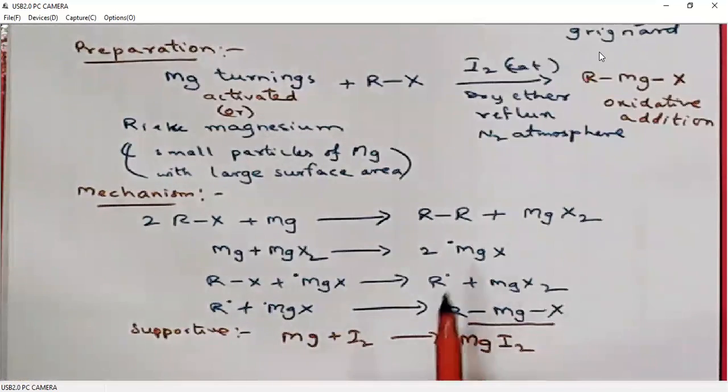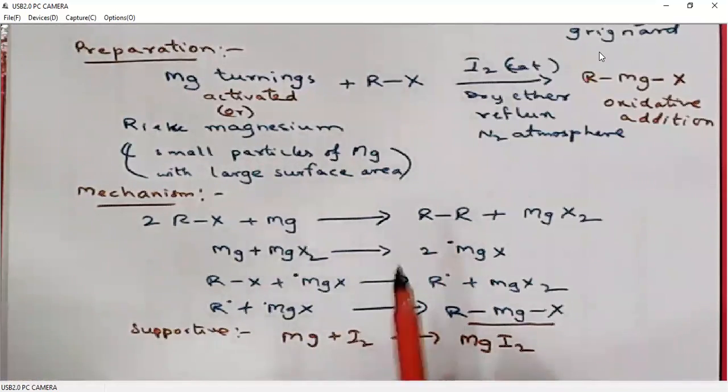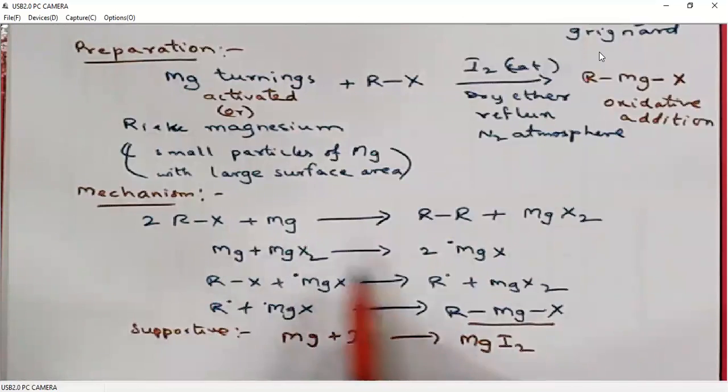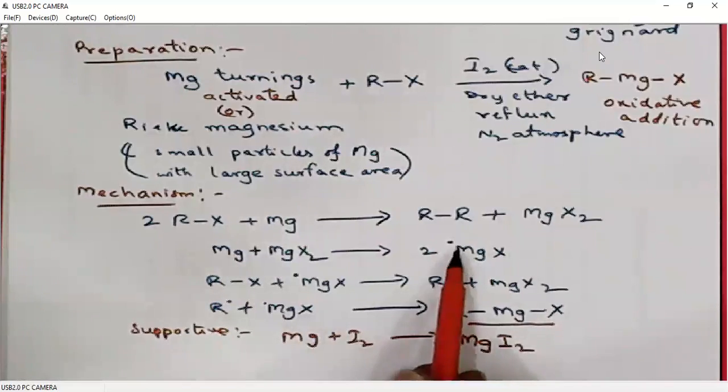So in order to avoid this reaction, what we generally do is first add iodine to magnesium, just a catalytic amount, 100 milligrams or half a gram or something like that. When we add iodine to magnesium, it generates magnesium iodide. Then the magnesium iodide will further react with magnesium to generate the magnesium iodide radical.